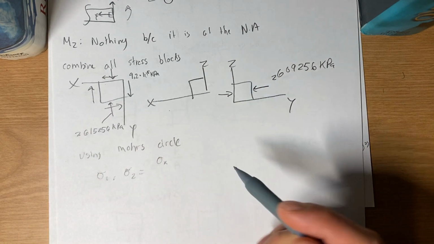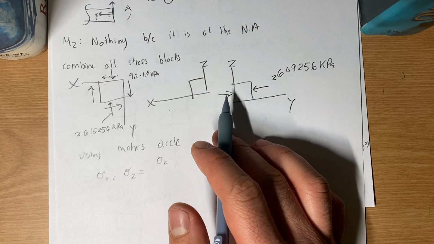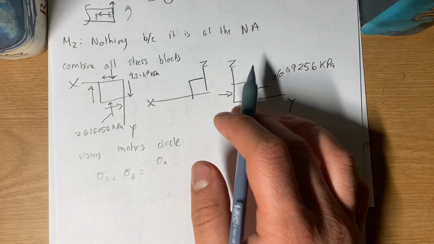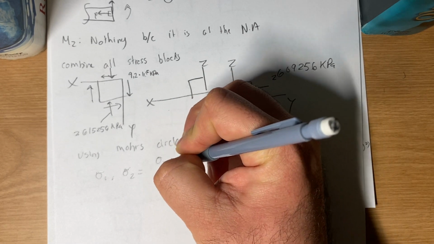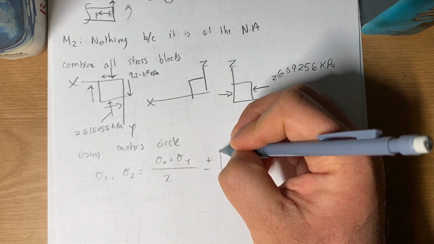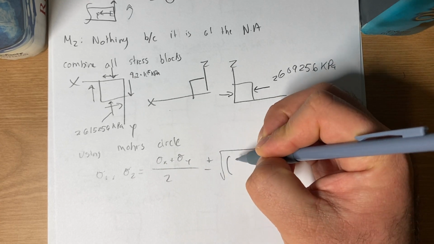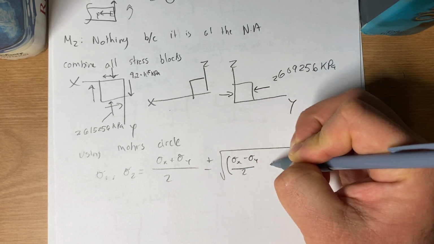So I know it's my X and my Y. Say if it was this one or this one, then I would have used accordingly. It'd be X and Z or Z and Y. But in this case, I have that one. So it's sigma X plus sigma Y over 2 plus or minus the square root of sigma X minus sigma Y over 2 squared, plus tau squared.